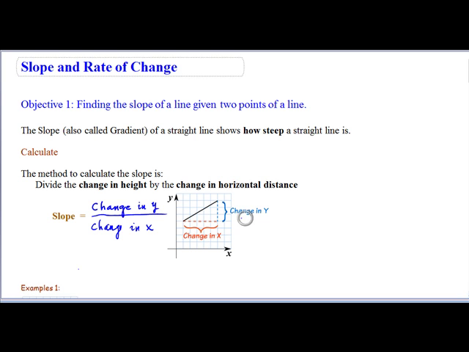Now the change in y, also called the rise or fall, and this is your run. See how it's rise over run.